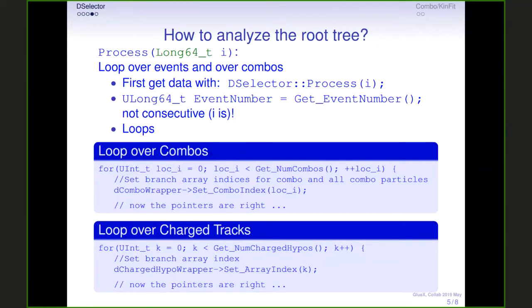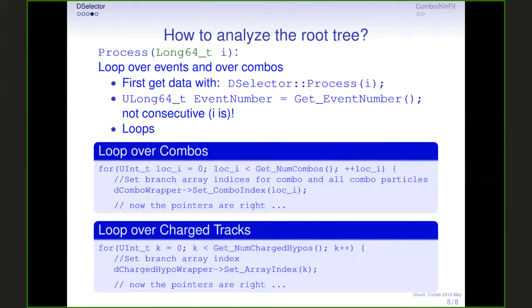All right. So now at some point, you then get to where you loop over the combos. And again, there's a comment there that probably will tell you, and this loop will look something like that, where you have a counter that loops over the number of combos of a given event.